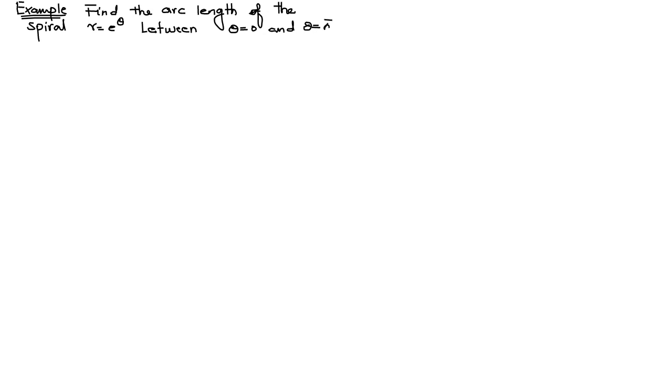Okay, now we have to find the arc length for the polar curve given here, where theta is in between 0 and pi. So you have to solve this one.